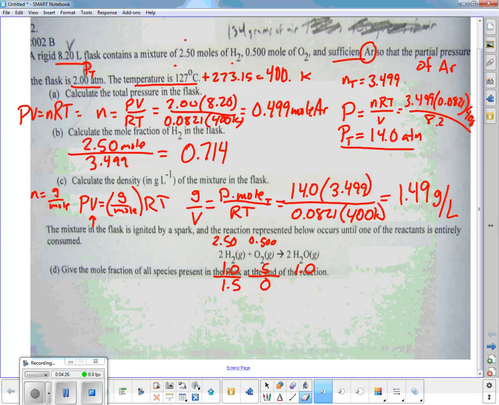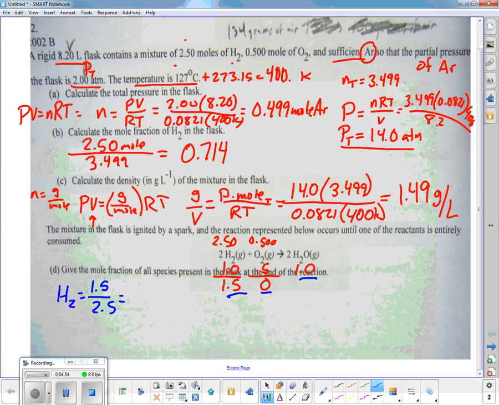It wants me to give the mole fraction of all species present. Well, what's the total number of moles? 2.5, right? Okay, so that's the total number of moles. So to get the mole fraction of H2, I'm going to take 1.5 divided by the 2.5.